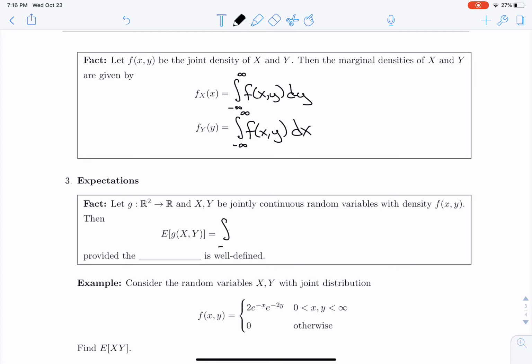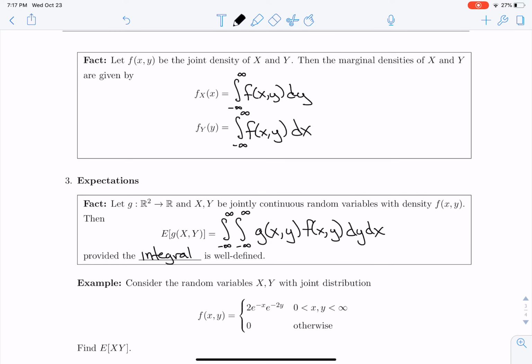Well, it's the double integral from minus infinity to infinity, minus infinity to infinity. So that's integrating over all possible values of x and y, of the function g of xy times the density f of xy. And we can write dy dx or dx dy. And this is the expected value provided the integral is well defined.